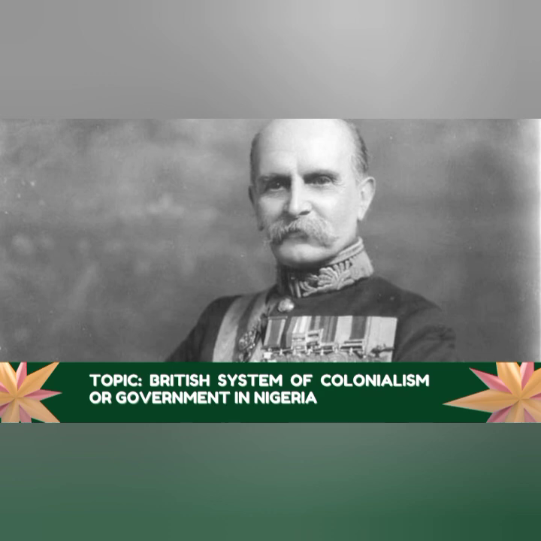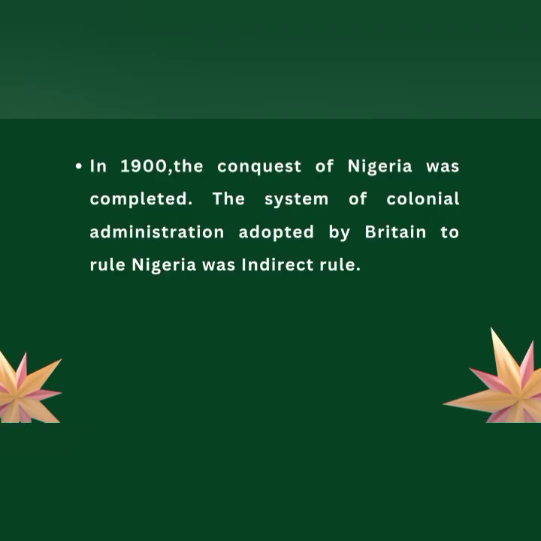By the year 1900, the whole of Nigeria came under British control. That was when Nigeria became a British colony. As a British colony, Nigeria was conquered and fully controlled by the British. I'm talking about 1900, the year that Nigeria became a British colony.